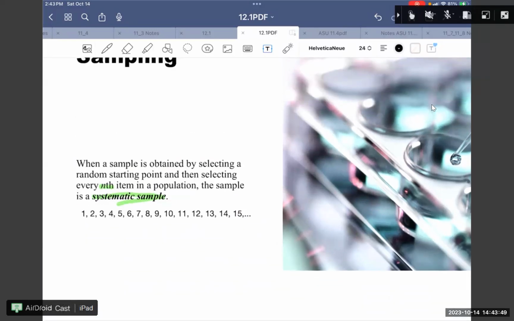We can see the symmetry, so we can select the numbers that are multiples of 3. So we get 3, 6, 9, 12, 15, and going on. That is how we can systematically select them.